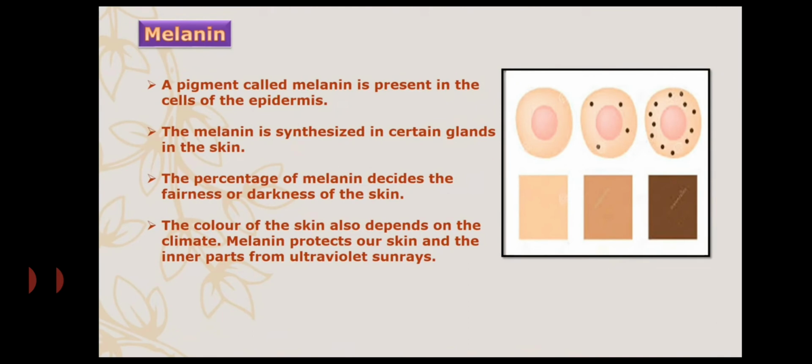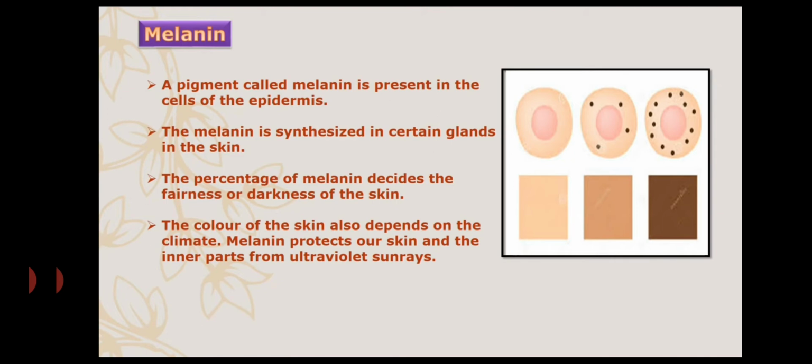So children, our next point which we are going to continue is melanin. First point, a pigment called melanin is present in the cells of the epidermis. Second point, the melanin is synthesized in certain glands in the skin.